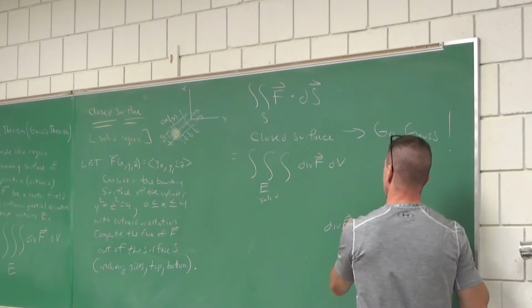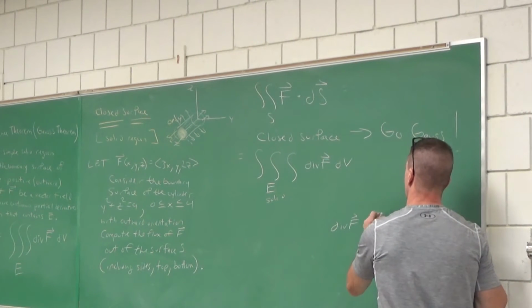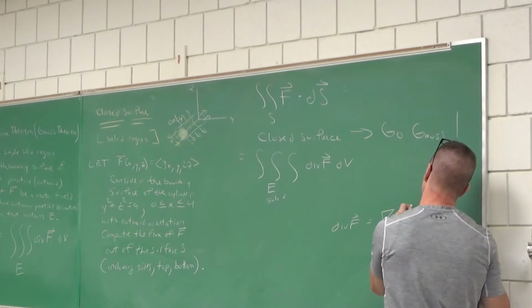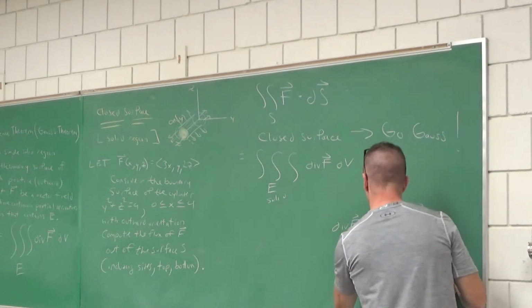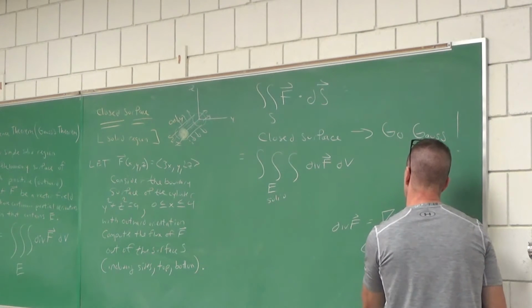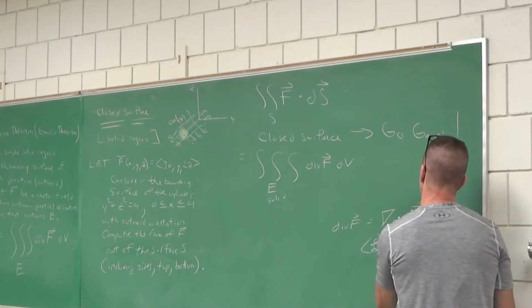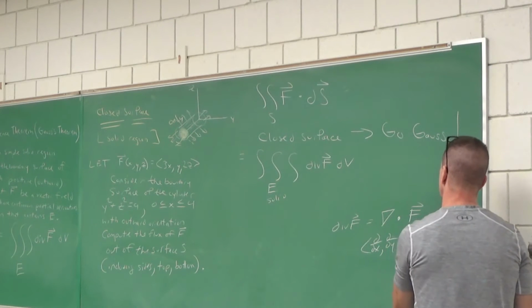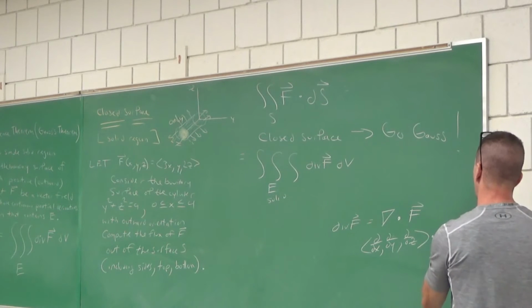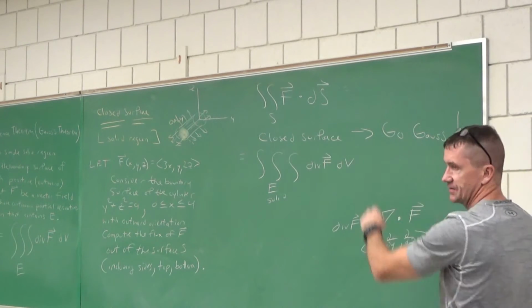We have to do del dot F. Well, what does that mean? It means we do d/dx, d/dy, and d/dz dot some vector P, Q, R, like the vector field they have there.